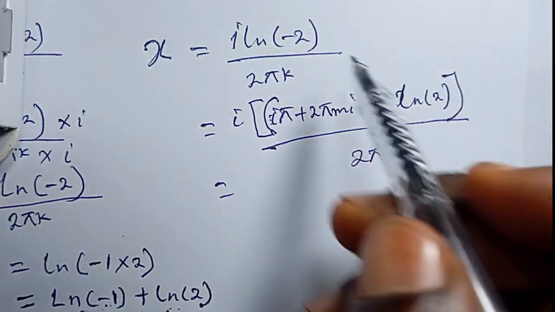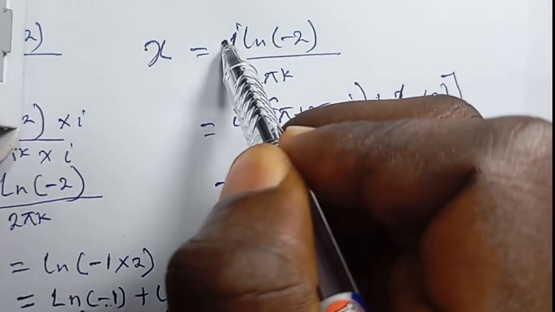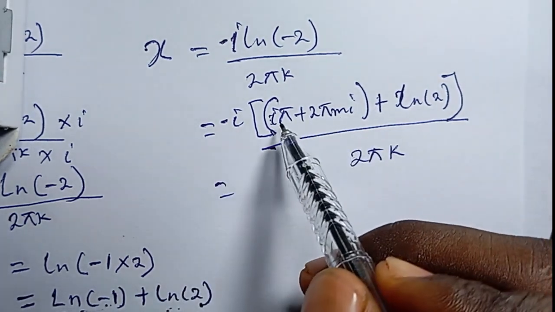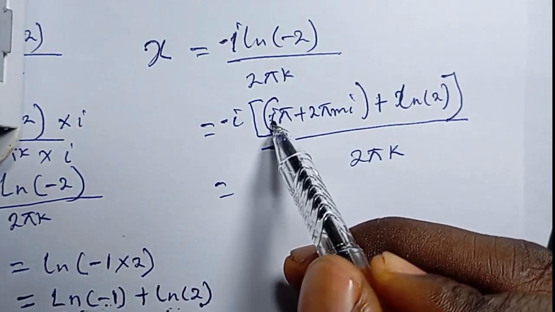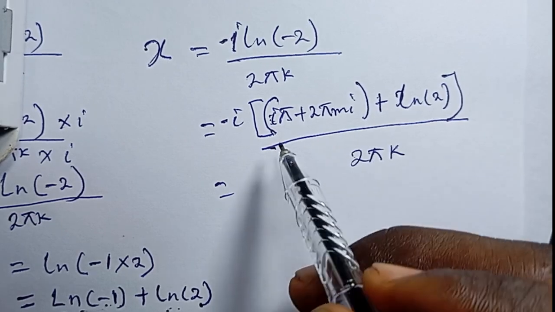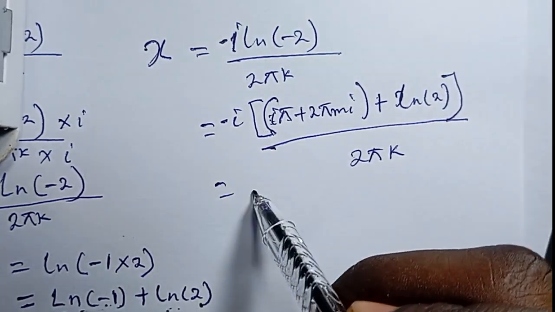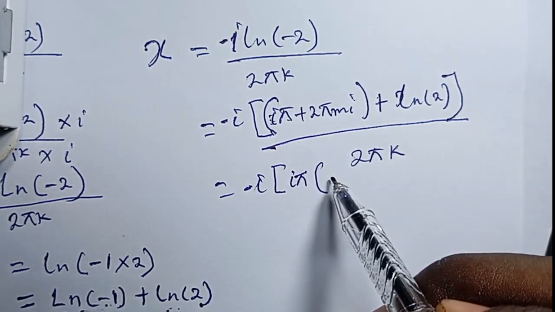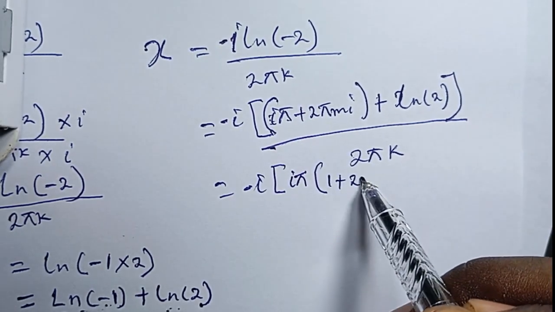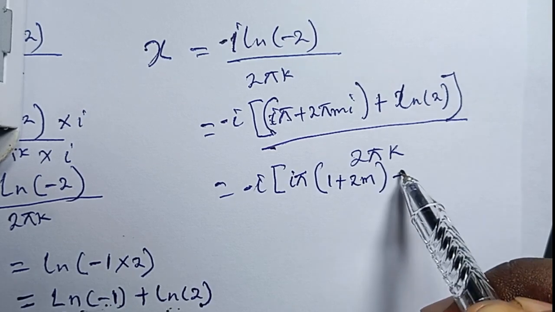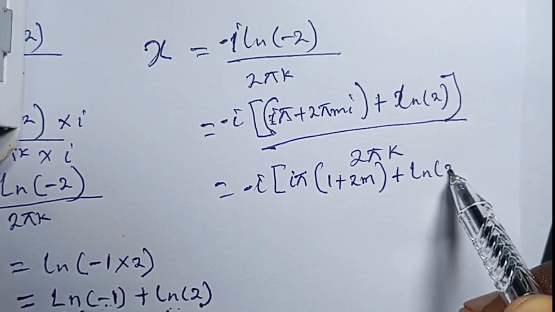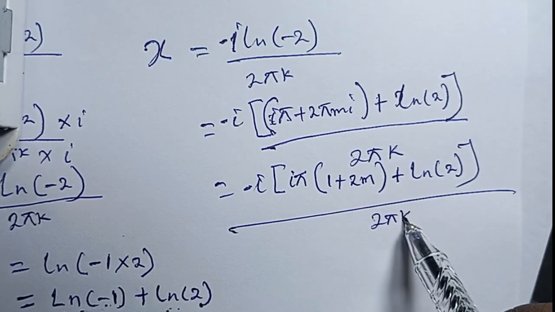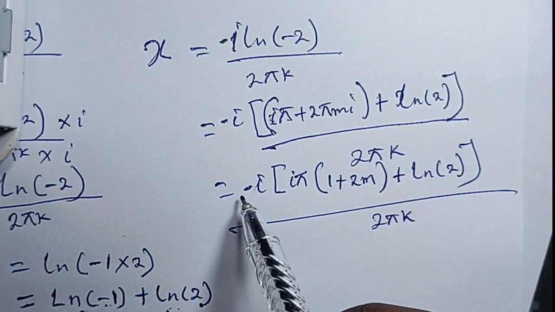But remember we had a negative right here, so this is also negative i. I am going to factorize this i pi that is common, so that I have negative i into i pi, multiplied by 1 plus 2m, and then plus the natural log of 2, all divided by 2 pi k.